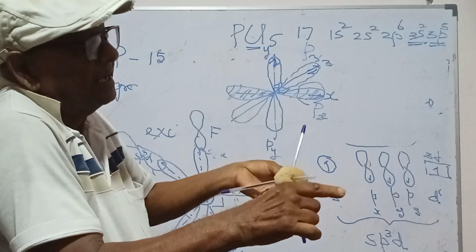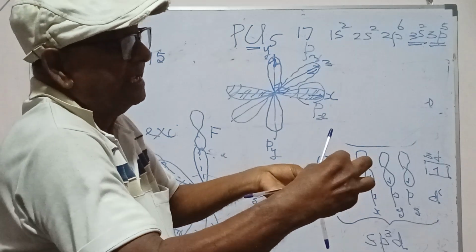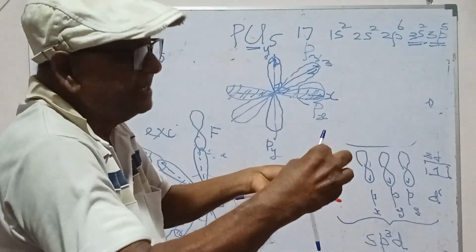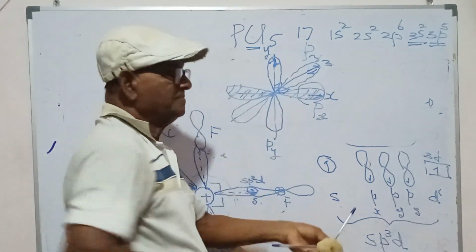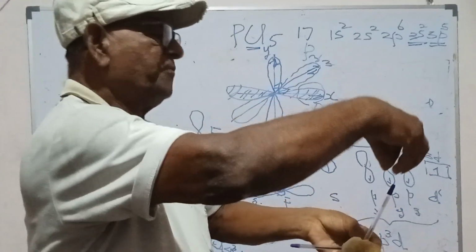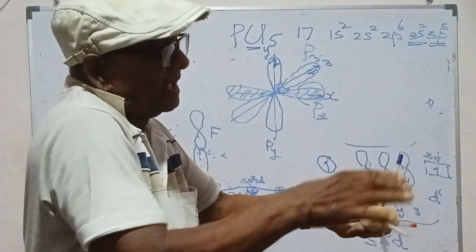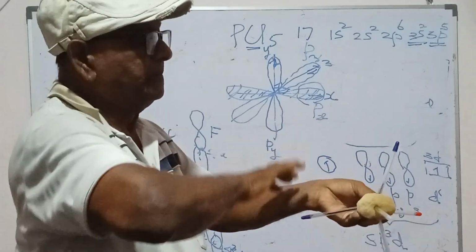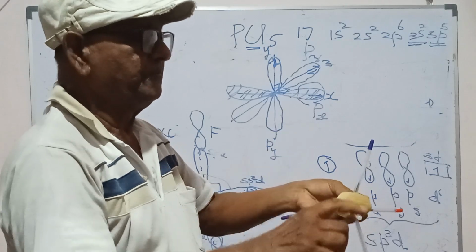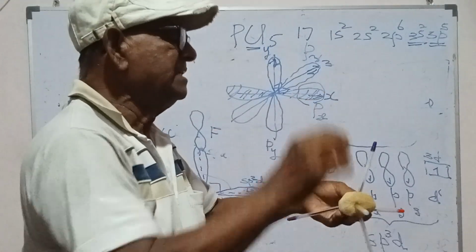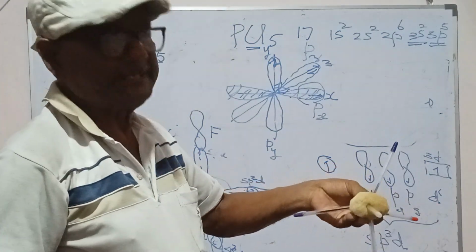They join, overlapping with the p orbitals of the chlorine atoms. 5 are joined around the trigonal bipyramidal arrangement giving PCl5, phosphorus pentachloride.